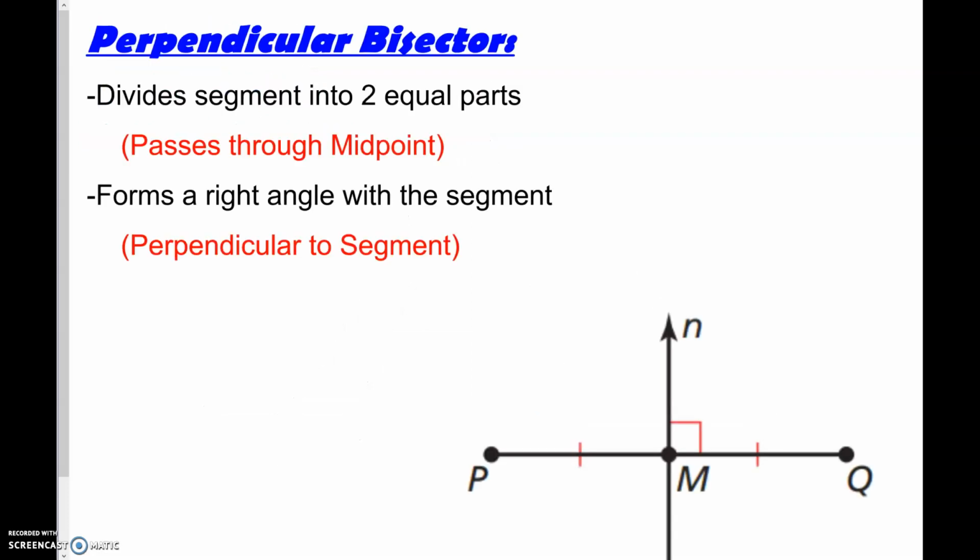So a perpendicular bisector is going to divide the segment into two equal parts, which means that it must pass through the midpoint, M, and it forms a right angle.